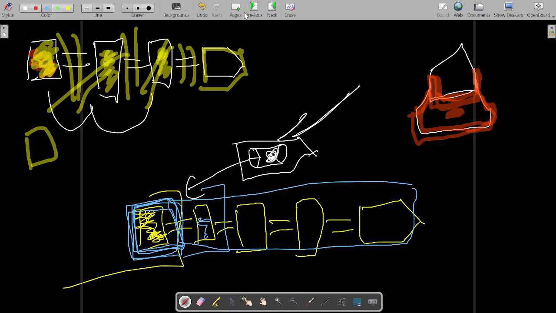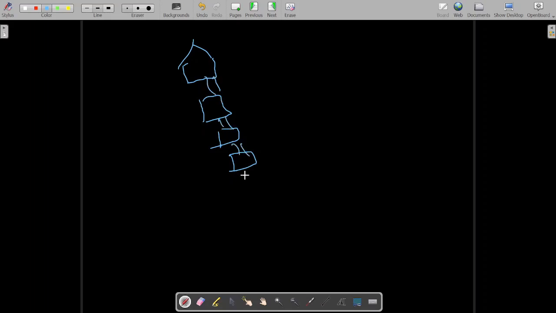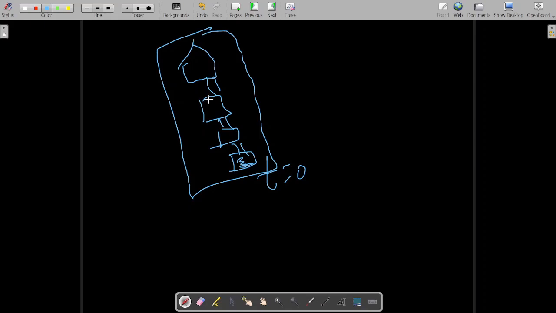Let me write properly. Suppose you have a rocket of this kind, and suppose the fuel of this part is completely exhausted. At t equal to 0, this particular rocket had some velocity.